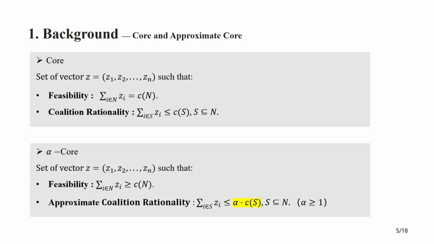We refer to the value of alpha in the second inequality as the approximation. Clearly, when alpha is large enough, the approximate core always exists. However, the smaller the alpha, the better the allocation scheme. Therefore, finding the optimal approximation ratio is crucial.